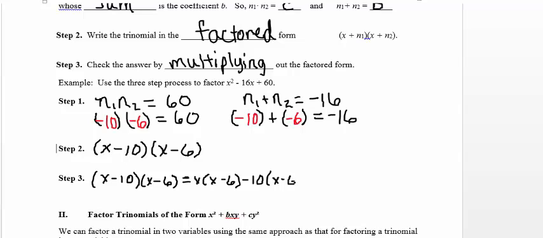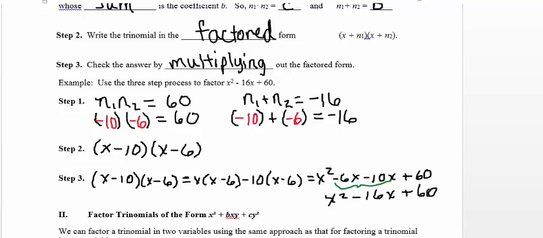X times x minus 6 minus 10 times x minus 6 is x squared minus 6x minus 10x plus 60. So we're going to combine the like terms, and we get x squared minus 16x plus 60.